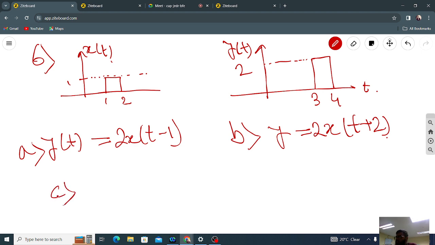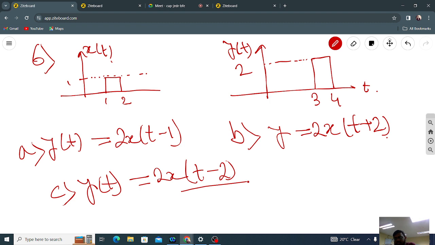Option C is y of t is equal to 2x of t minus 2. So just let me solve this question.